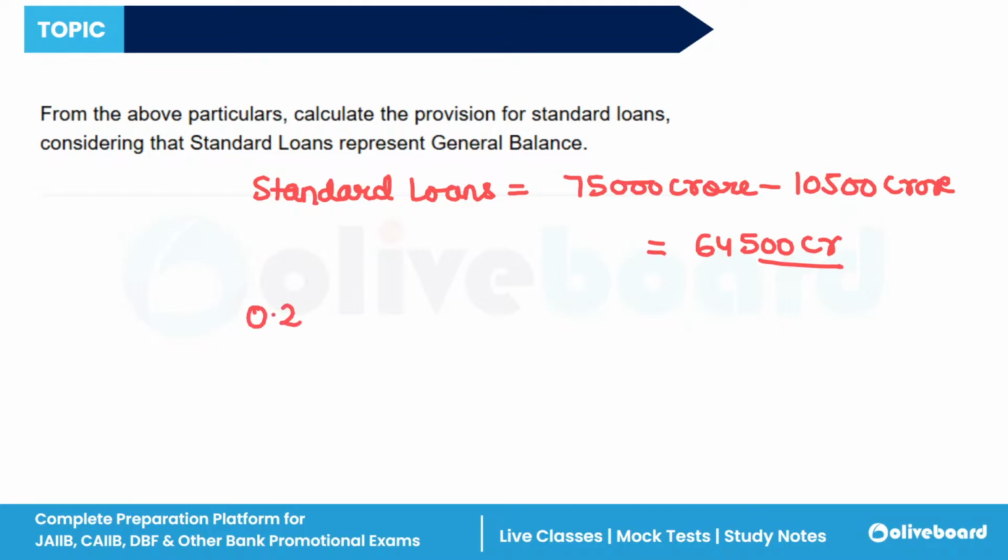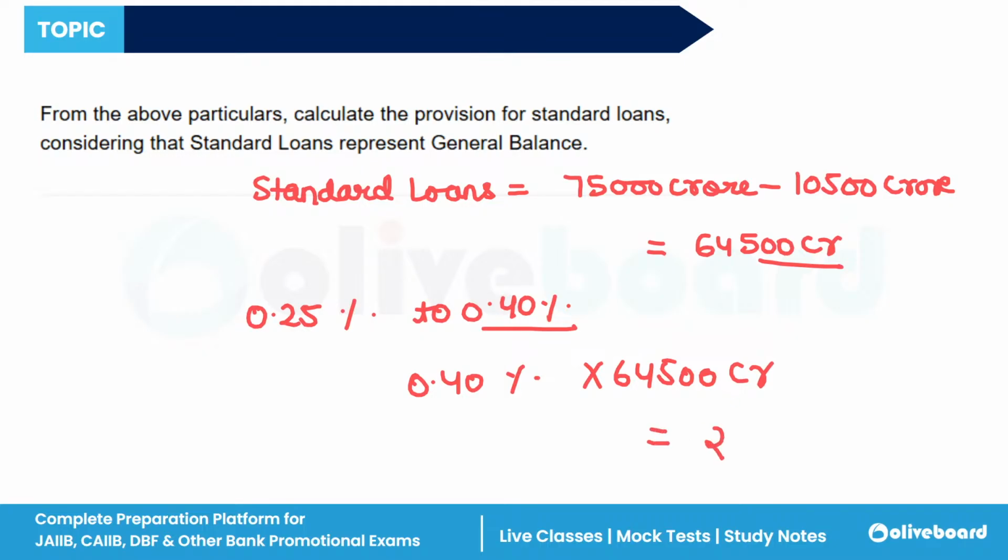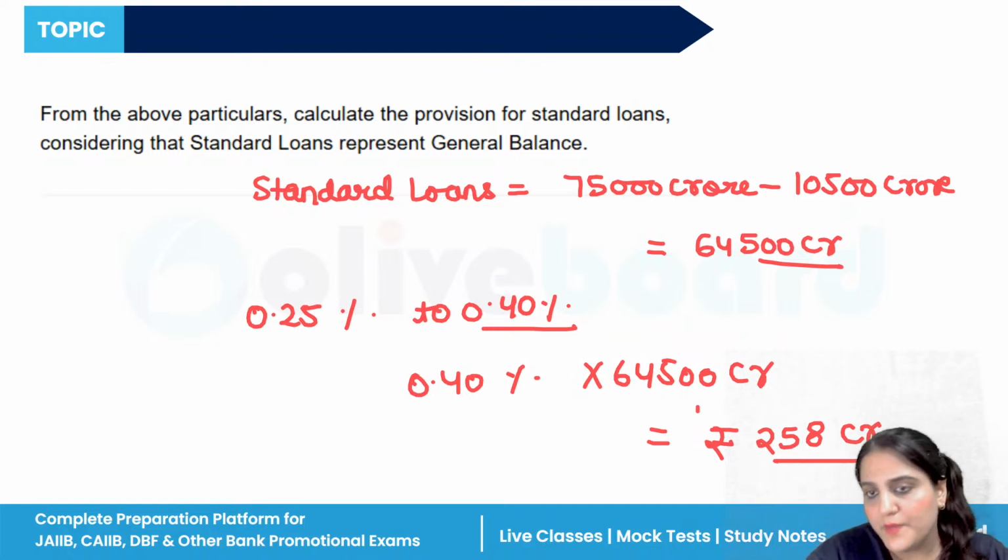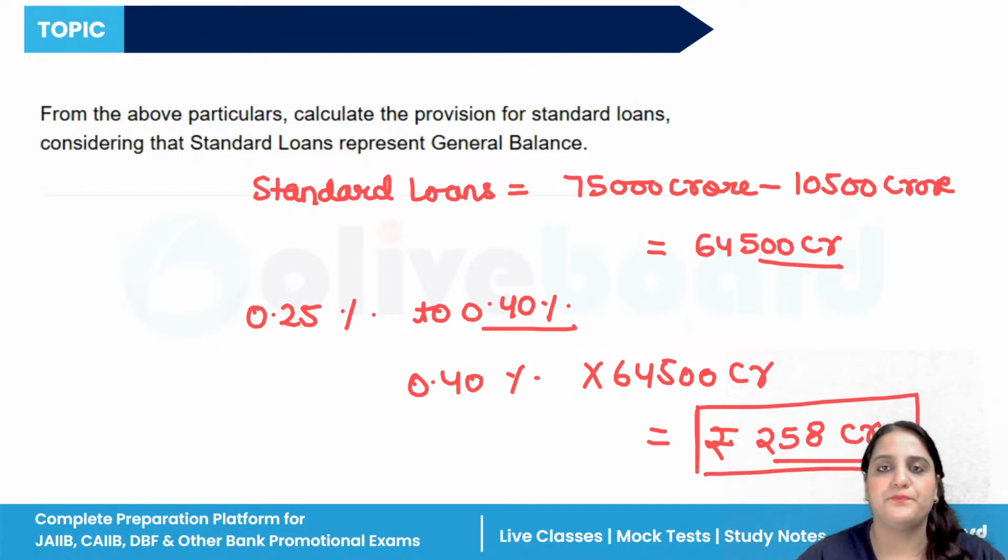According to the RBI, there is 0.25 to 0.40% depending on the type of the loan. So for this we take the general rate 0.40% on 64,500 crore, that is equal to rupees 258 crore. The answer is rupees 258 crore.